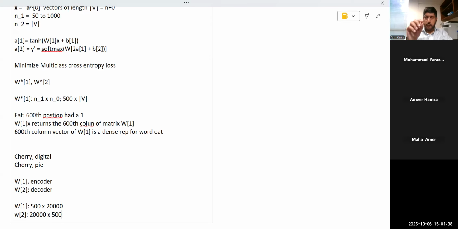So now this matrix is kind of analogous to matrix W1. अब यहाँ जो है आपके सारे रिप्रेजेंटेशन फॉर ईच वर्ड इज नाउ इन द रोज. So the representation at the 600th row is the representation for the word eat in W2, and the representation for the word eat in W1 is the 600th column.